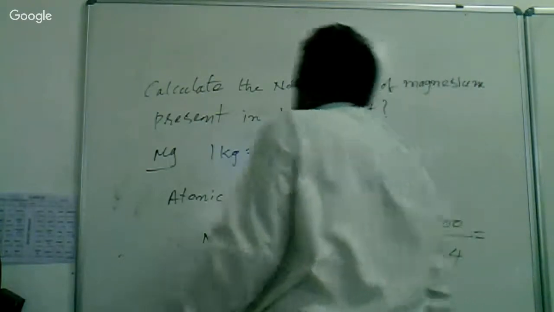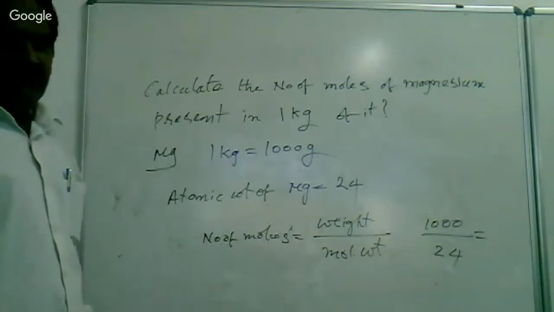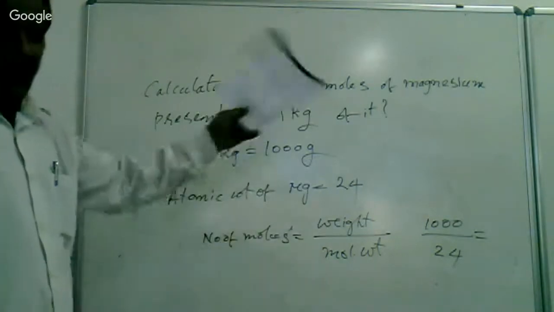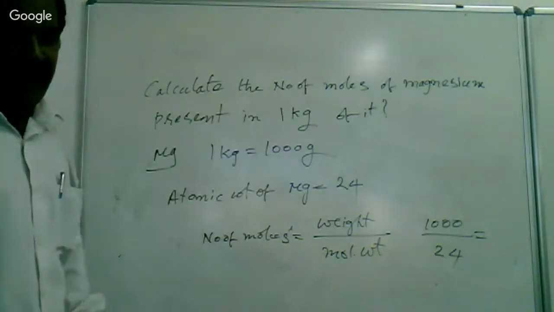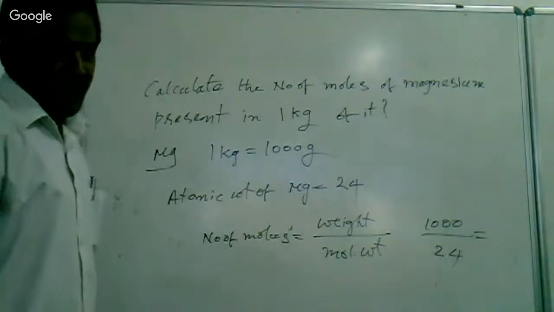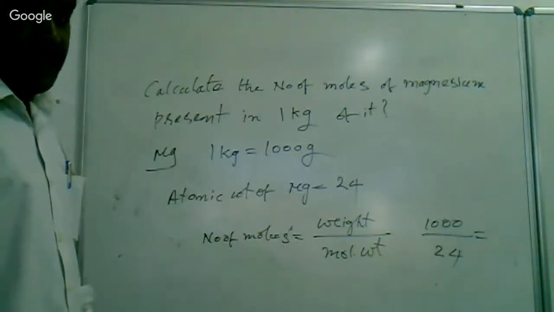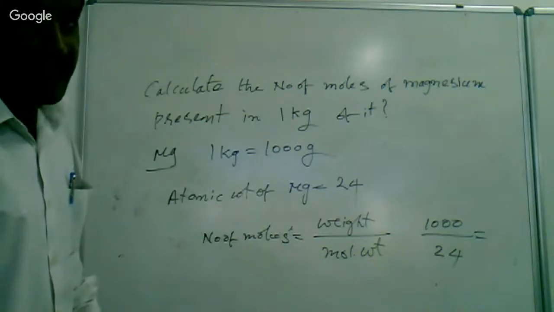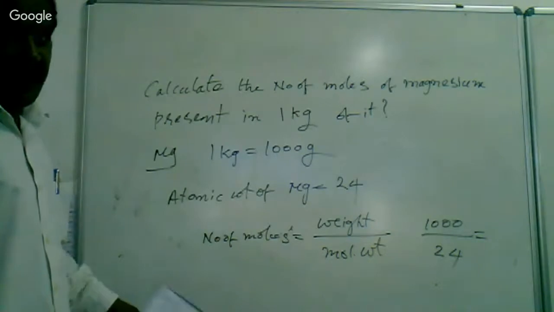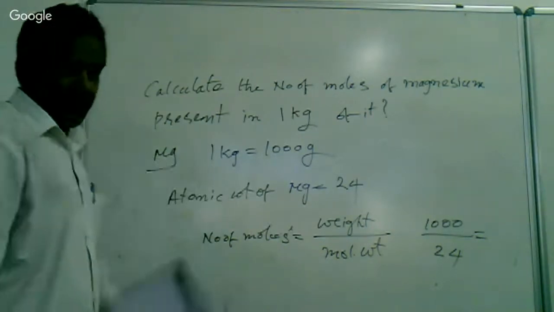Then simplify it. 1000 by 24. Again, I am not showing how to simplify. 1000 by 24, simplify and get the answer. But you must do it on your own. If you can simplify the normal way, fine. Otherwise, I'll teach you how to do the simplification with the help of log tables. So once I'm sure that you are familiar with log tables, I will teach you that. And please let me know.